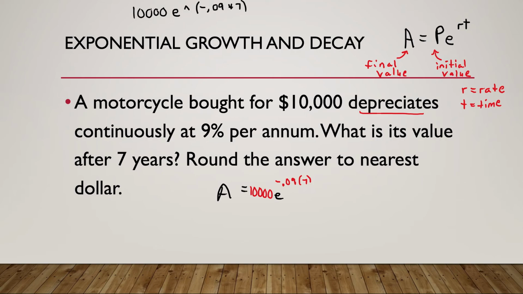You can try that, and I get 5325.91801, and it does say to round to the nearest dollar. So we're looking at $5326 for the value of that motorcycle.